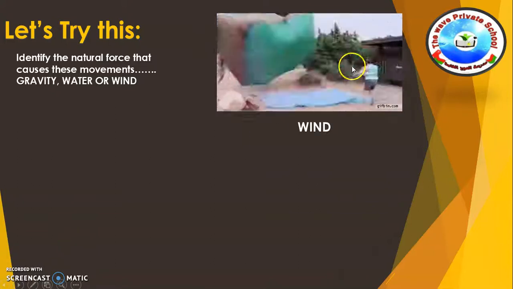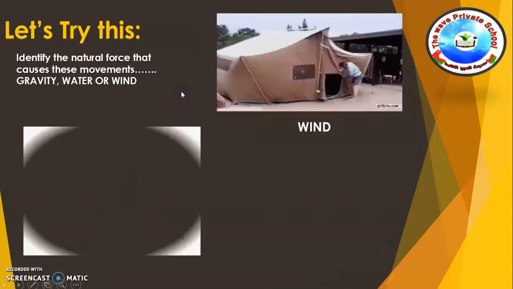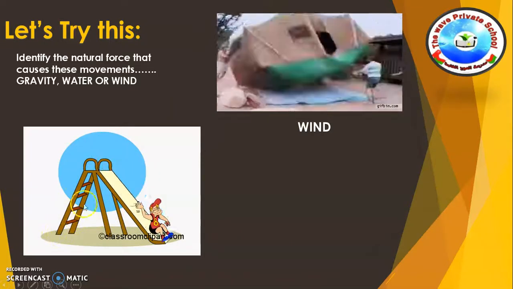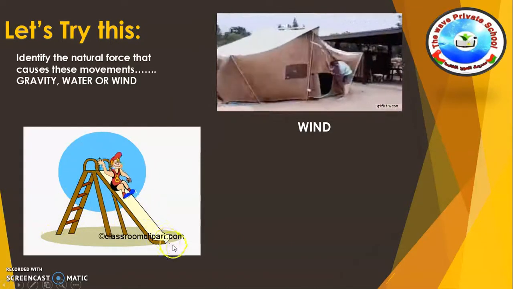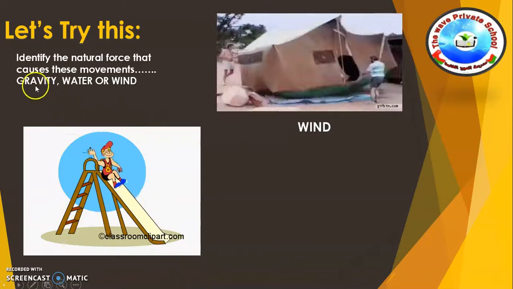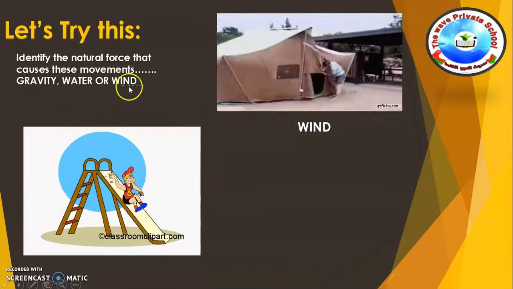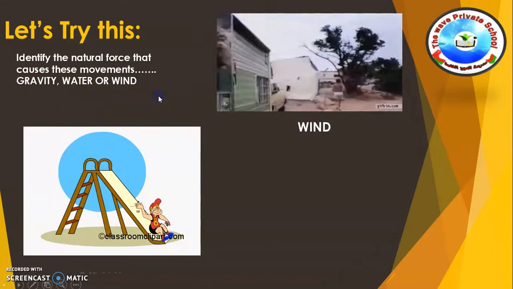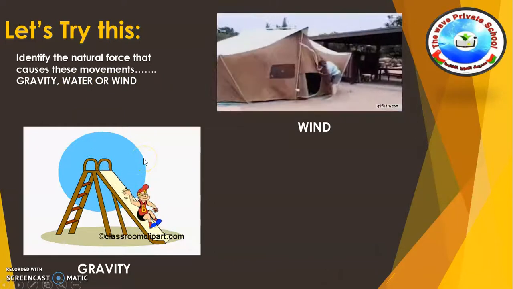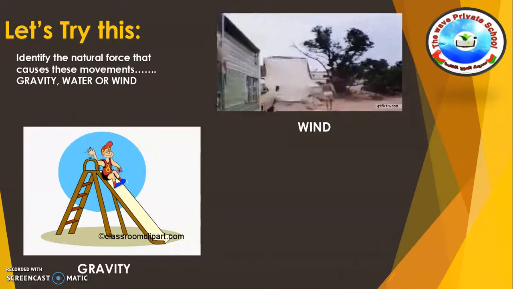Okay, by the wind. The second one. So when you move here, you move up and then you slide down. So this is because of what? Is it caused by gravity, water, or wind? Okay, gravity. Remember that gravity is a force that pulls things down.